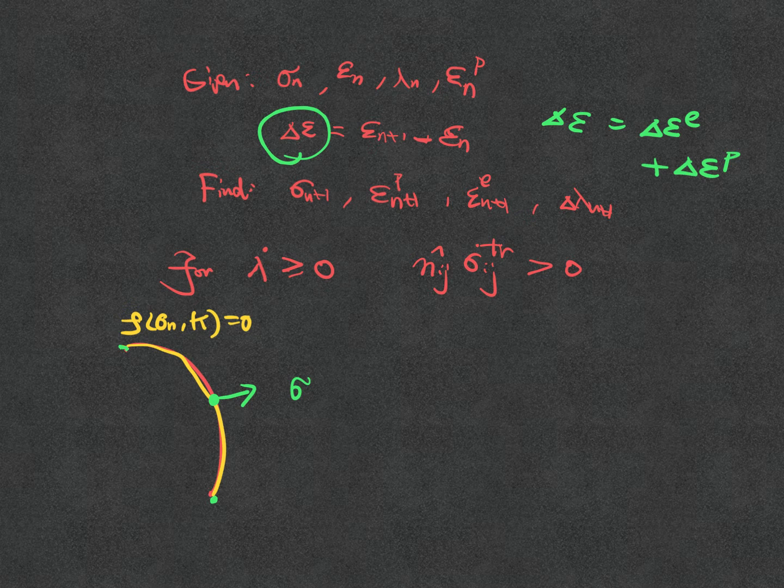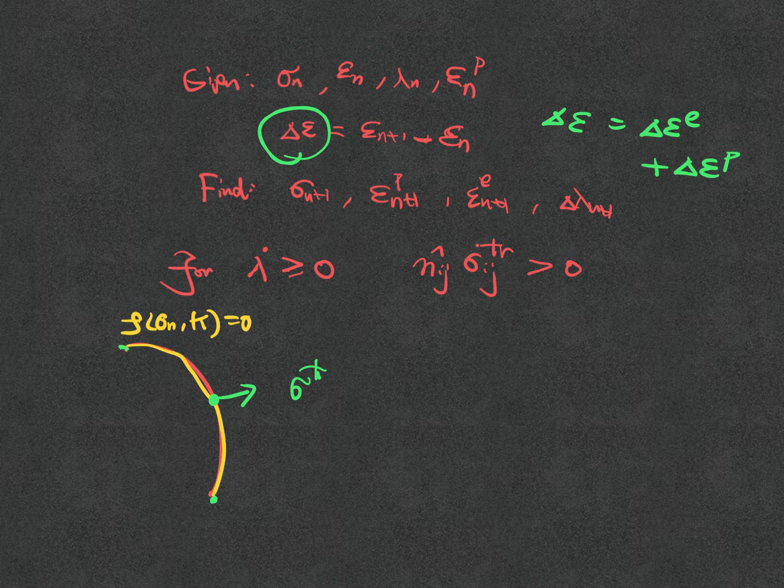So the trial stress is simply equal to the previous stress. Maybe I will write it in this form. Let me take out the index.